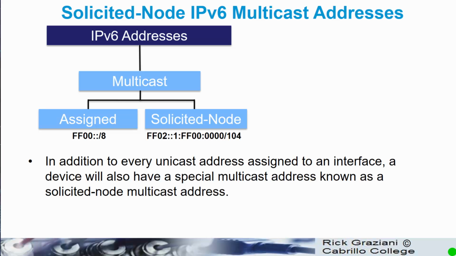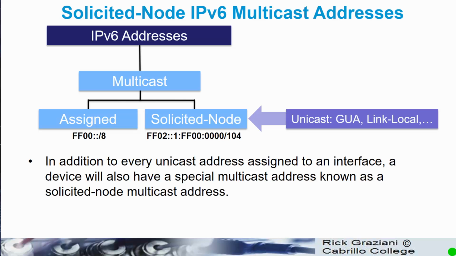So in addition, every unicast address assigned to an interface will have a special multicast address known as that solicited node multicast address. It takes the unicast IPv6 address assigned to that interface, and then it maps it to that special multicast address. So global unicast and link local addresses all will be mapped to those solicited nodes.